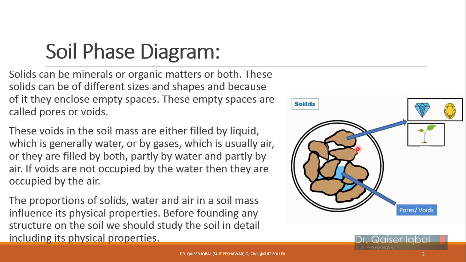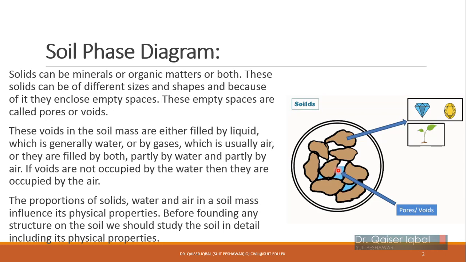Because they are in irregular shapes, when these particles are put together they form empty spaces between them. These empty spaces are called voids. These empty spaces may be filled with water or air, or usually they are filled with both.